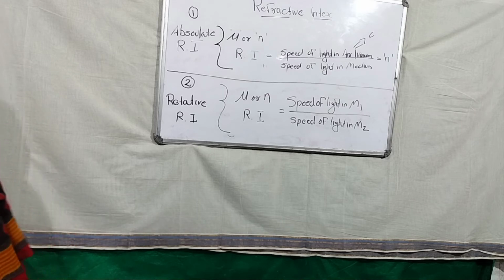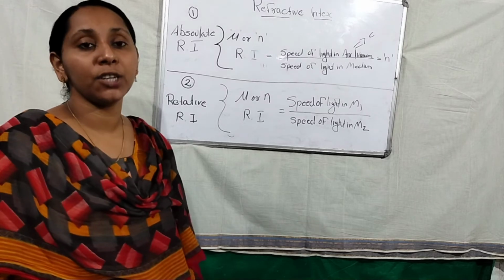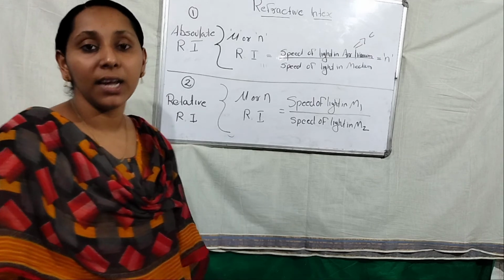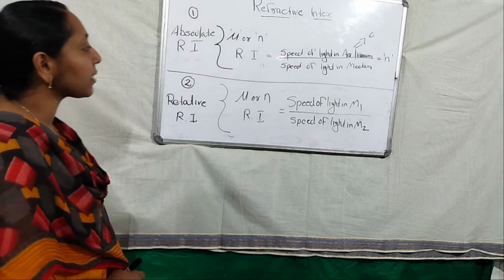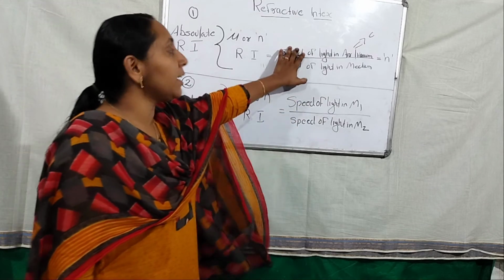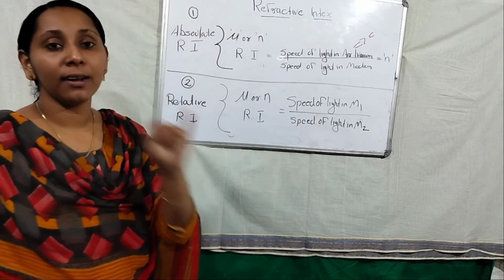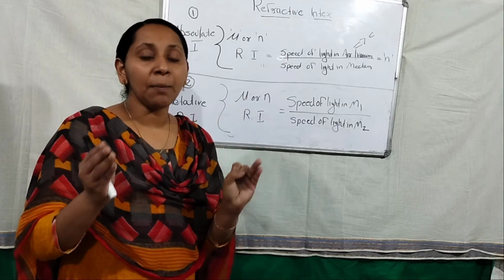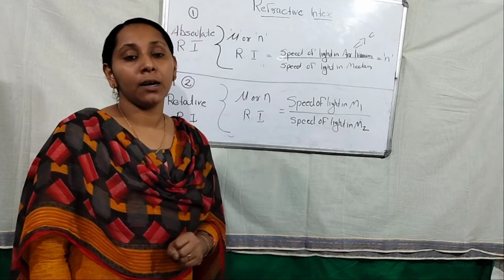The next one is, what are the depending factors of refractive index? The first depending factor is the speed of light. The second depending factor is the nature of the medium, which type of medium the light is passing through.